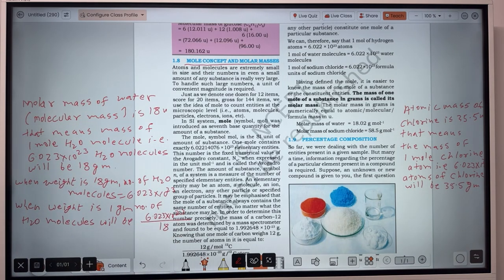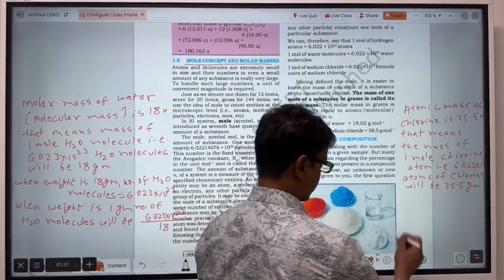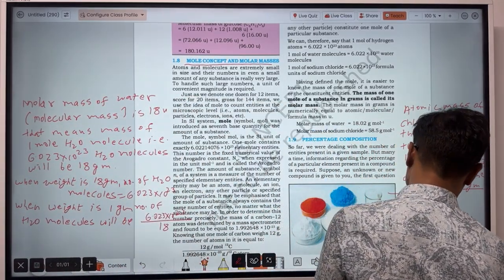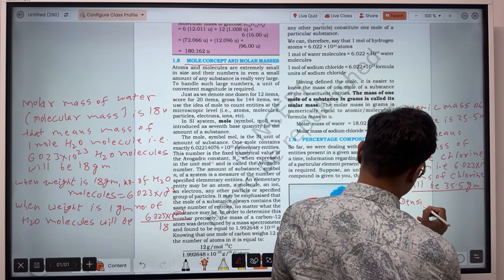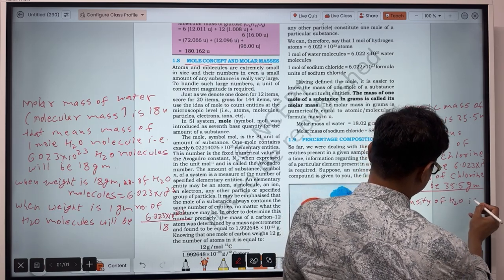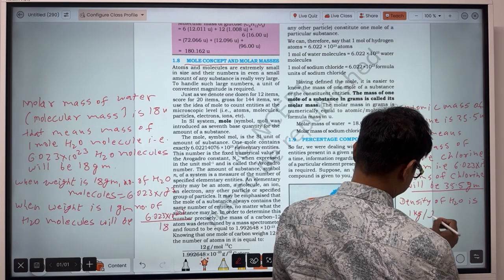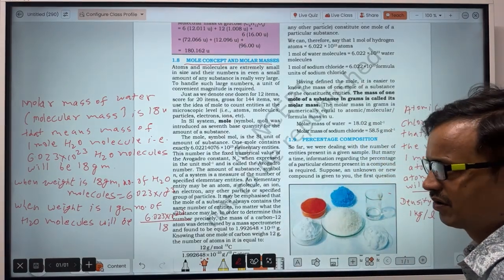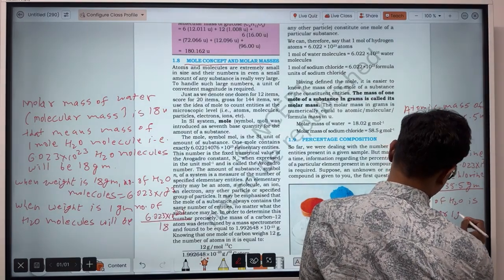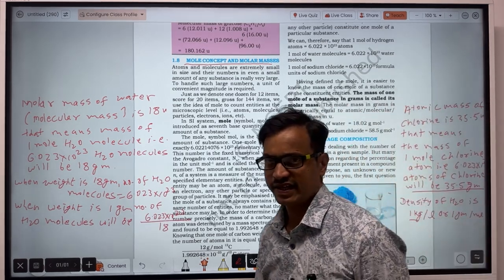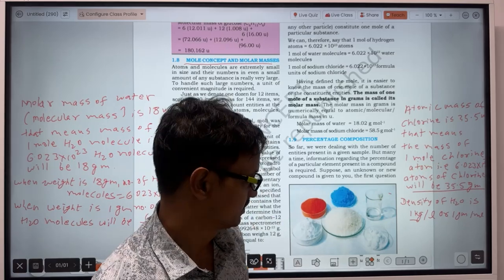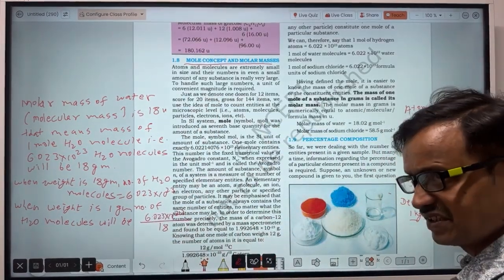And half liter water means 500 gram water, because the density of water is 1 kg per liter or 1 gram per milliliter. Here 1 kg is 1000 gram and 1 liter is 1000 milliliter, so the 1000 cancels out. So the density of water is the same in kg per liter and gram per milliliter.